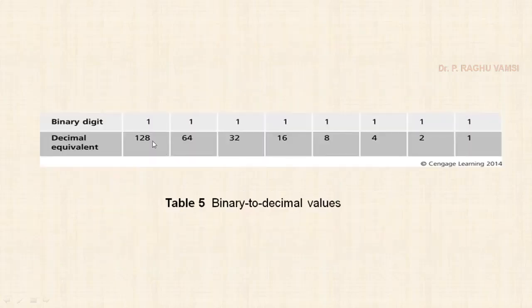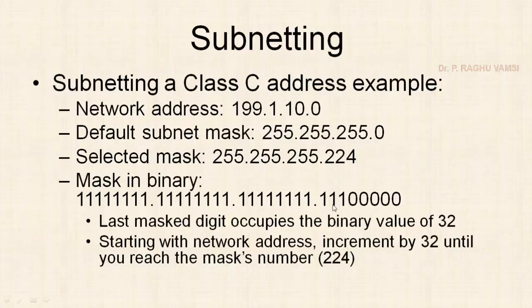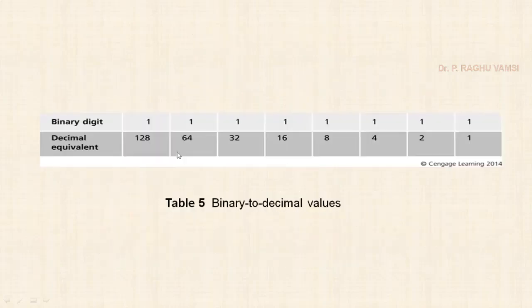If you look at 128 plus 64 plus 32, that becomes 224. That means the first three bits are 1. So whenever the first three bits are 1, the corresponding value is 224, and the remaining bits are 0.